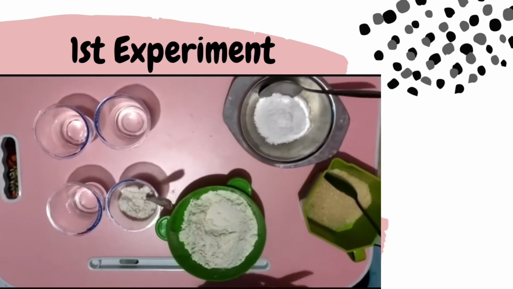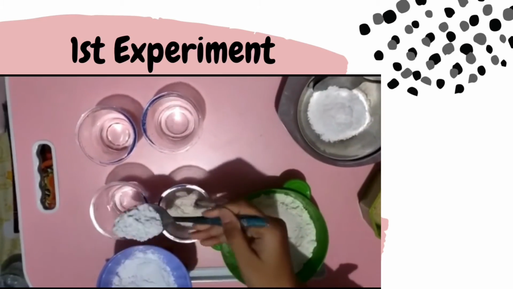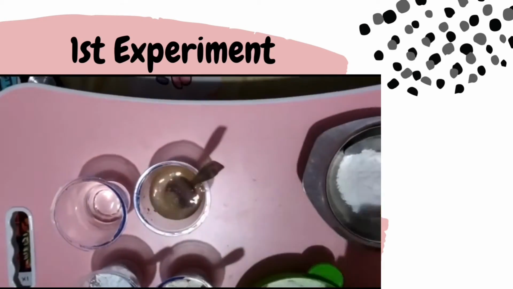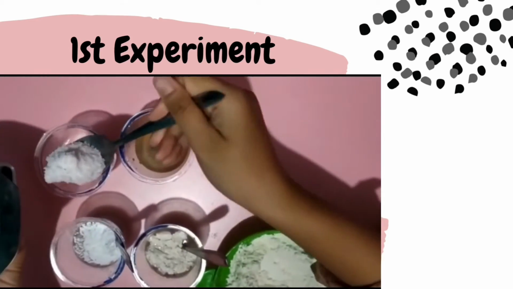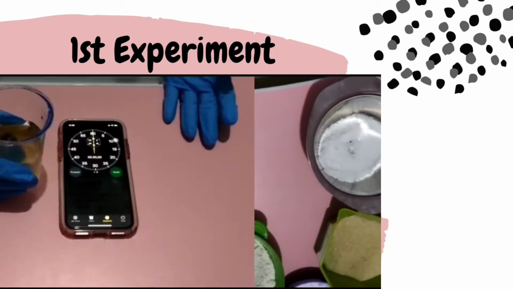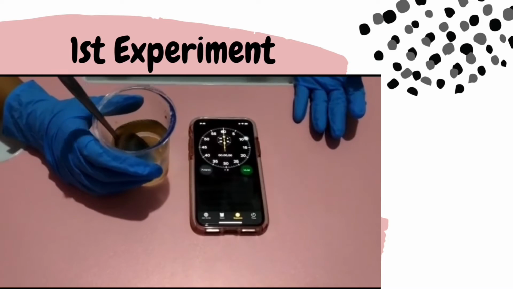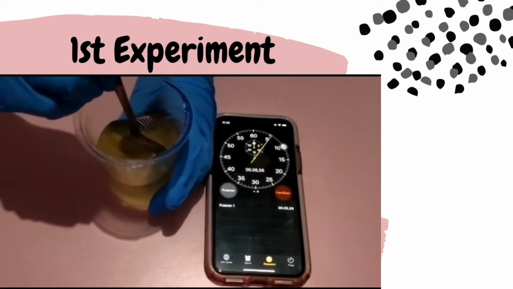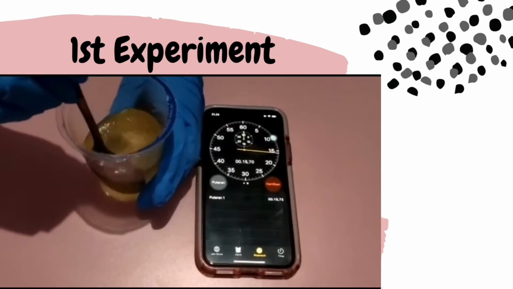Put one ingredient in every glass, and each glass has a different ingredient. Now stir it with a spoon. In every glass, we stir for 1 minute.